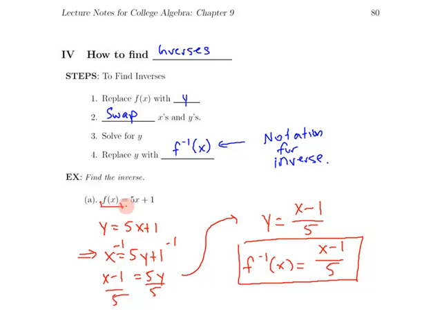You have to take off your shoes and then take off your socks. So if I first multiply by 5 and then add 1, the inverse is to undo the adding of 1, which means subtract 1, and then divide that whole result by 5. You get x minus 1 all divided by 5.